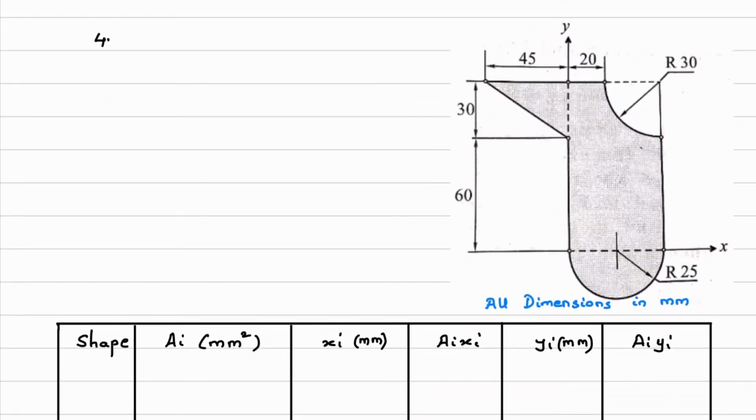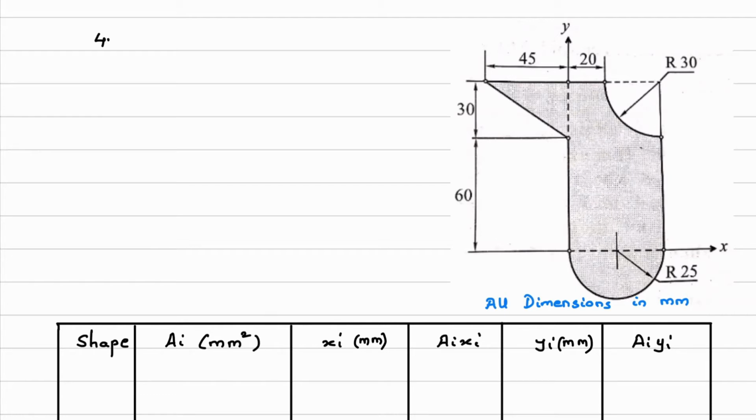So we will continue with the numericals. The geometry has been shown over here. Before starting to solve this, it is given in the question that all the dimensions are in mm. What is the first thing which you do? The first thing will be to divide the geometry into components. It is simple geometry.